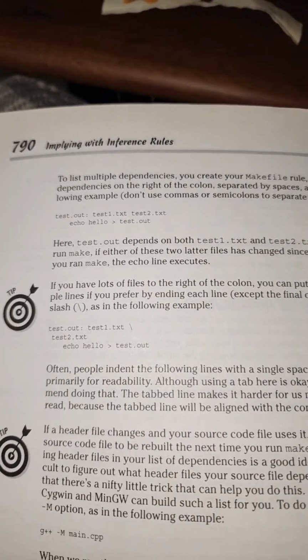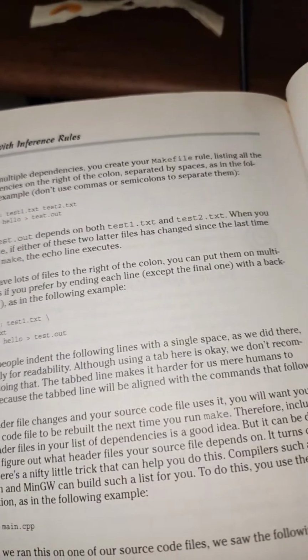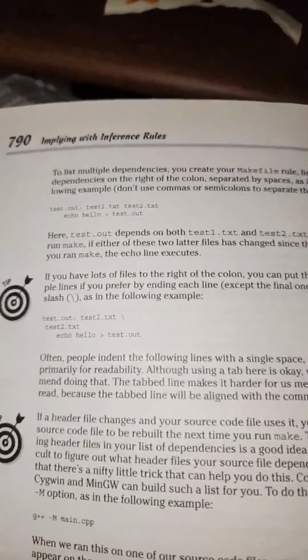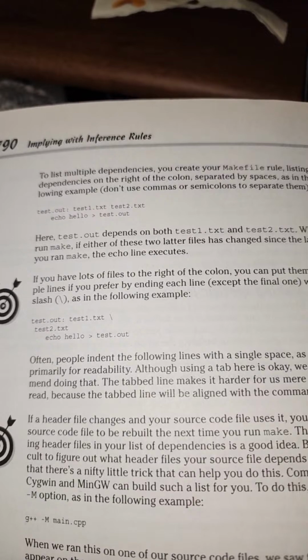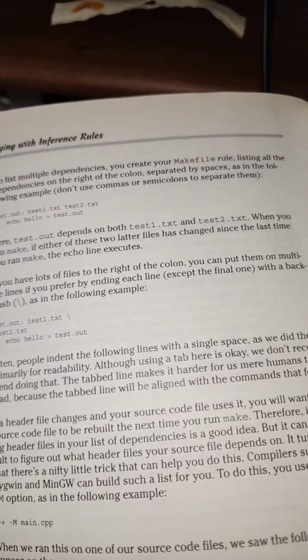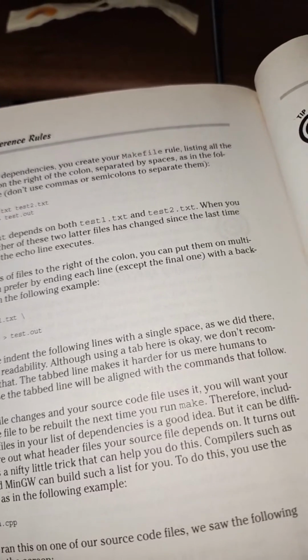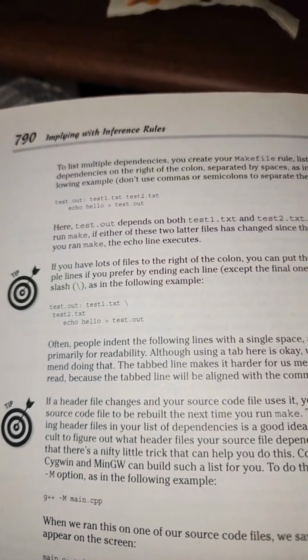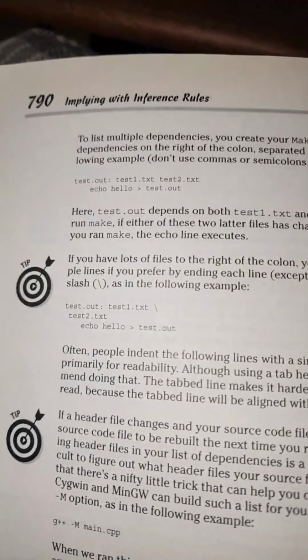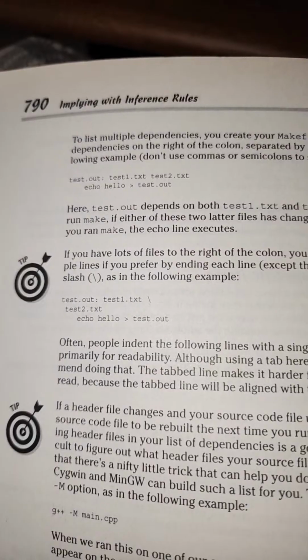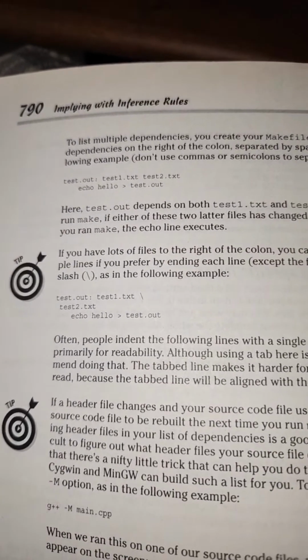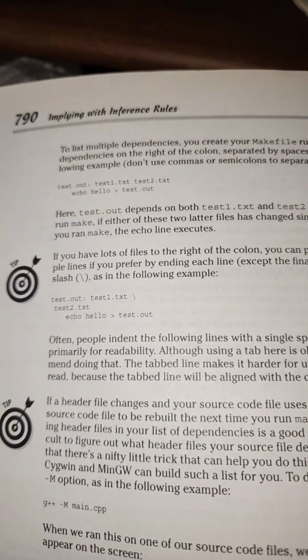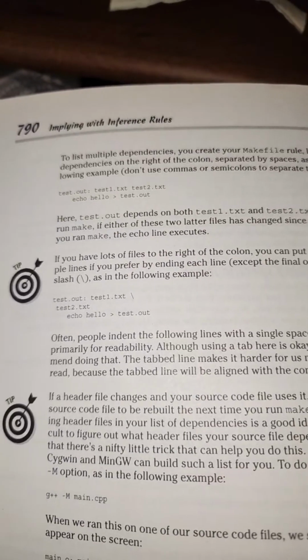If you have lots of files to the right of the colon, you can put them on multiple lines if you prefer, by ending each line except the final one with a backslash, as in the following example: test.out: test1.txt \ test2.txt, echo hello, test.out.